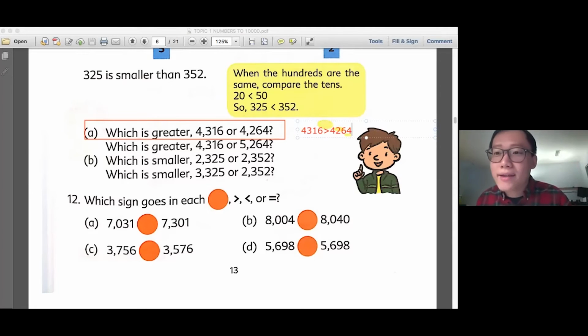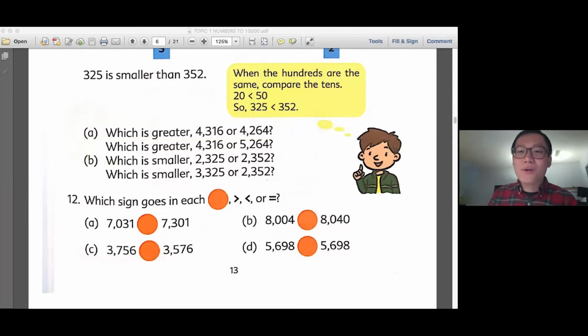Glenna, you raised your hand. Do you have any input? No, I also want to do the second part. Okay, sure. Can you tell me your answer for the second part? Yes, the second part of A is 5,264. Yes, so that is greater.